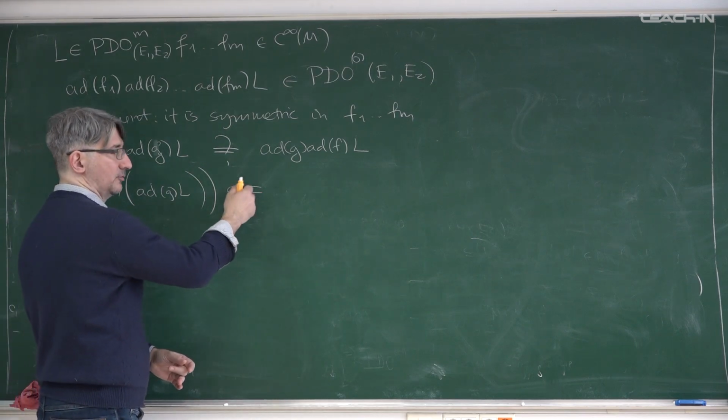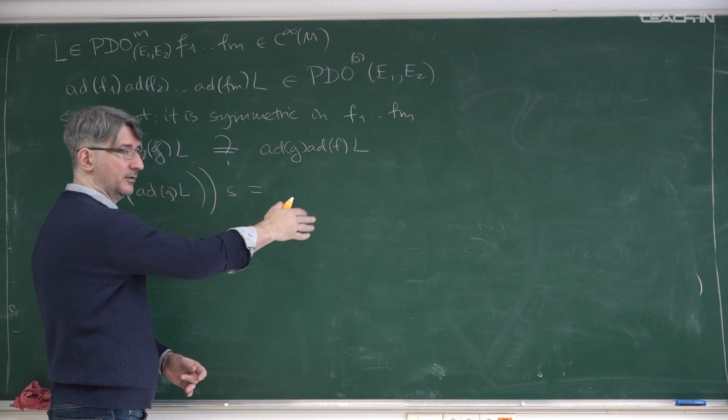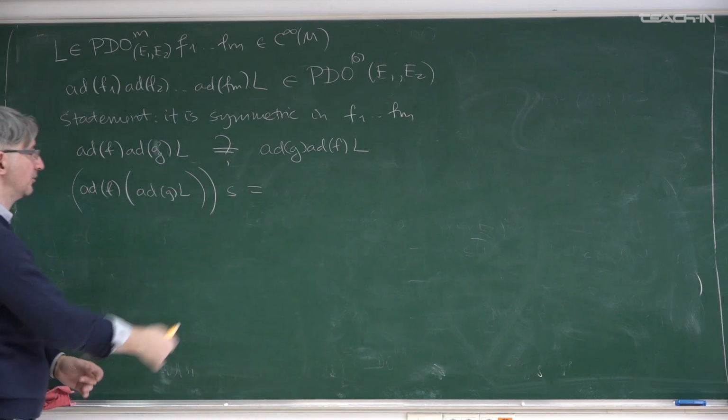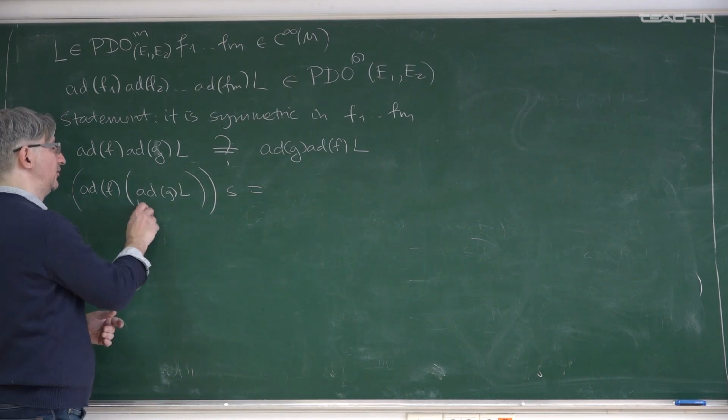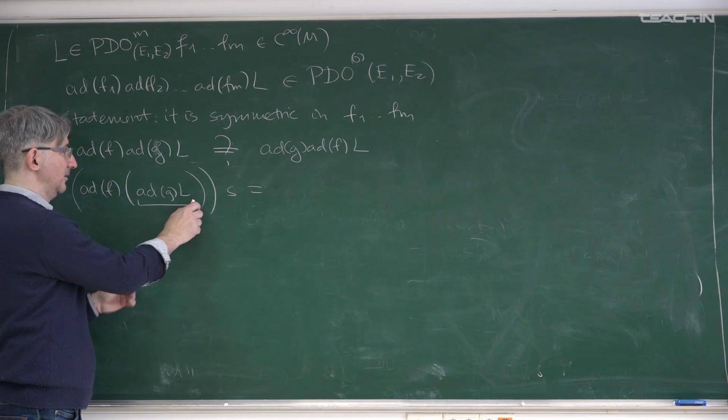So I should write here one commutator, then expand another commutator. Which is the first commutator? I think it's this thing in brackets, ad g applied to f's. Add g L applied. Yes, this thing is inside.